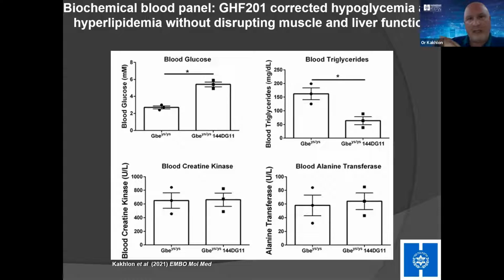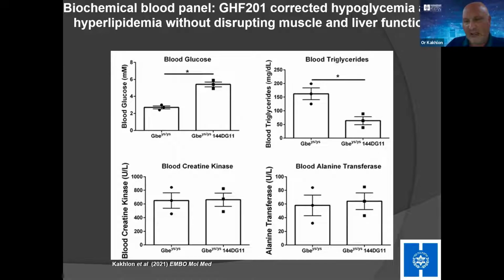And then we also looked at the biochemical panel in the blood, like a normal blood test. Most importantly, you can see the hypoglycemia in the APBD mice, which is expected because the glucose is mobilized into glycogen, and there is less left in the blood as a result.